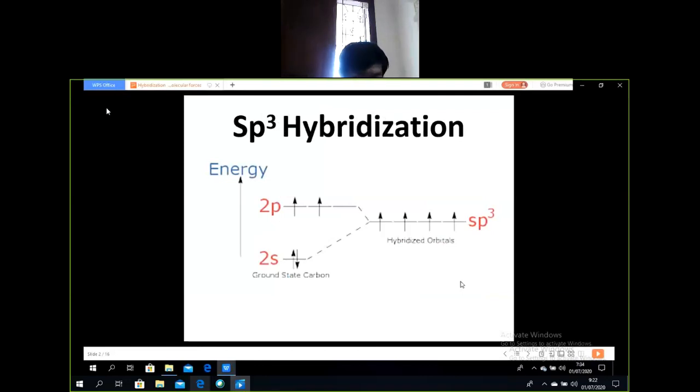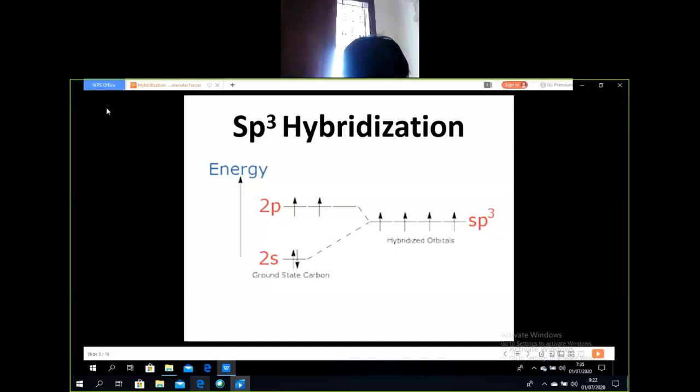Next, in hybridization there are three: first sp3, second sp2, and the last is sp. sp3 occurs with a single bond. This is the ground state of carbon.